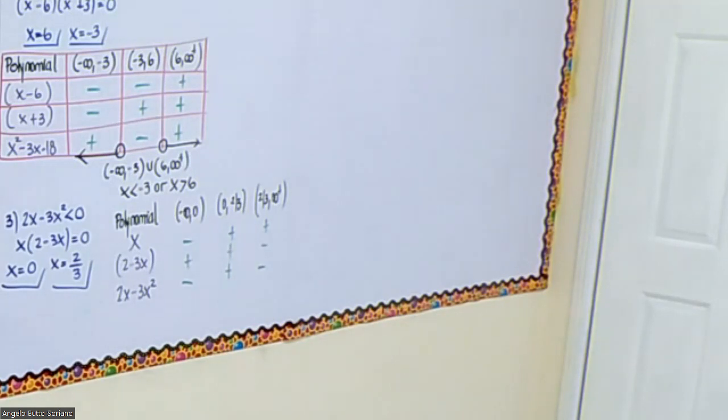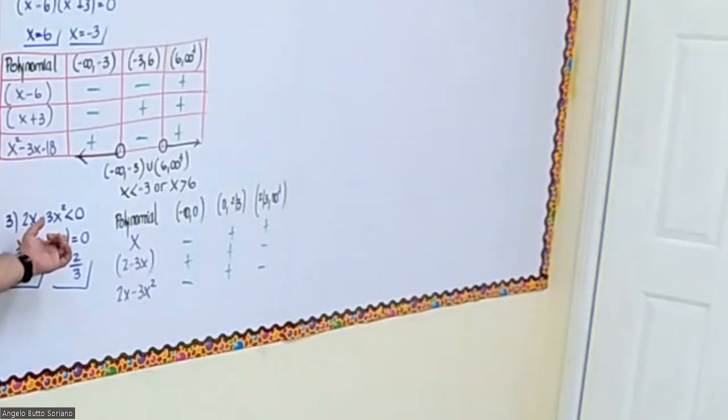Como que en esta vez la tabla de signos dio diferente, ¿no? En vez de dar más, dio menos, más, menos. Y eso tiene explicación, porque el coeficiente principal es negativo. Si usted al principio no hubiese querido trabajar con este negativo, podría haber multiplicado por -1 a ambos lados, a modo que el 3x cuadrado fuera positivo.